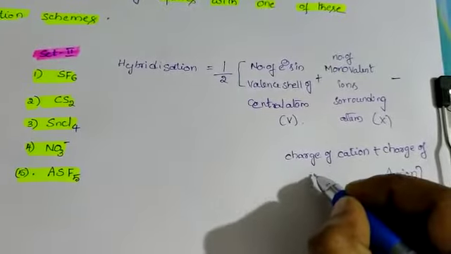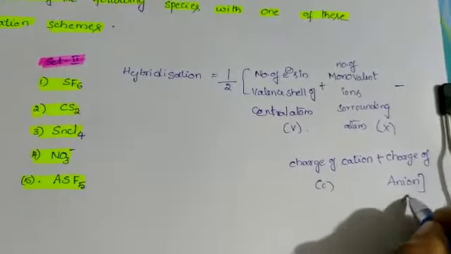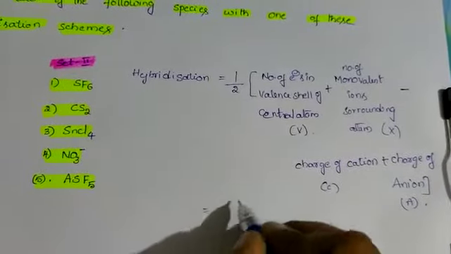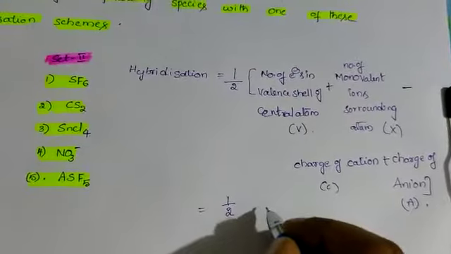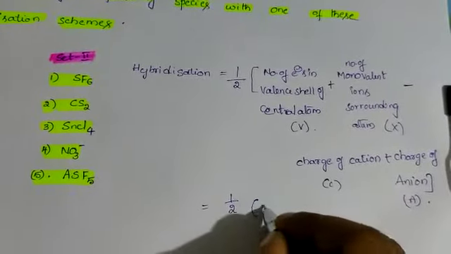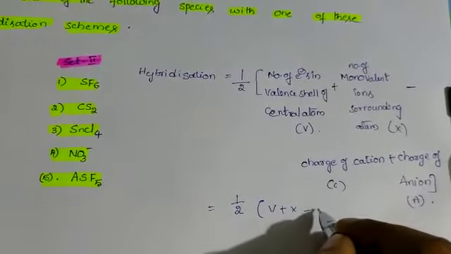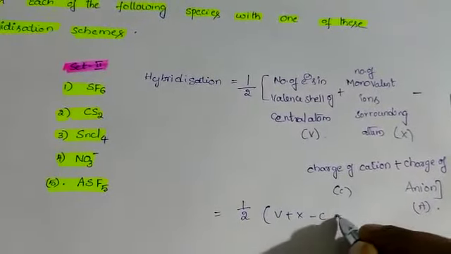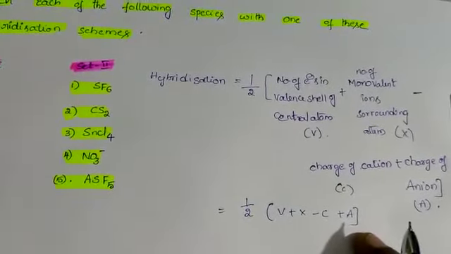The charge of the cation is denoted by C and the charge of the anion is denoted by A, so it equals half of V plus X minus C plus A. This is the hybridization formula.